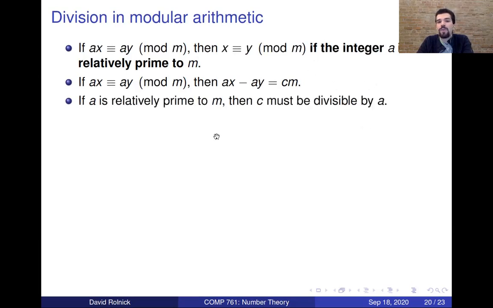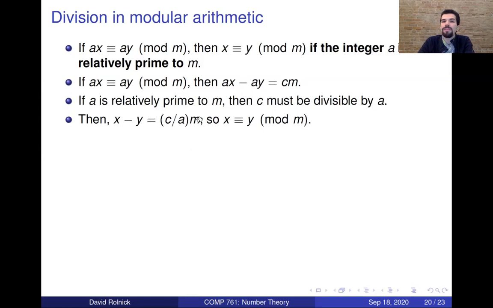Now, if a is relatively prime to m, then c must be divisible by a, because there's no part of a that's going into the m here. All of the a over on this side must be from the c. That means that c over a is some integer, so x minus y is c over a times m, which is another multiple of m, so x is equal to y mod m.